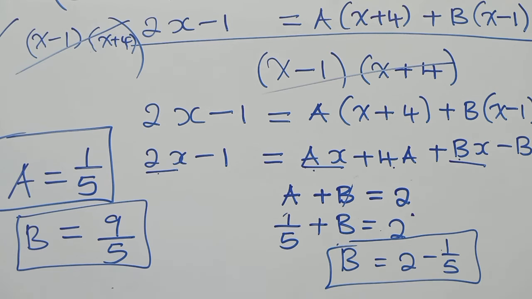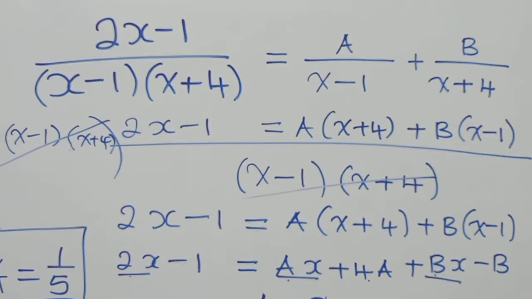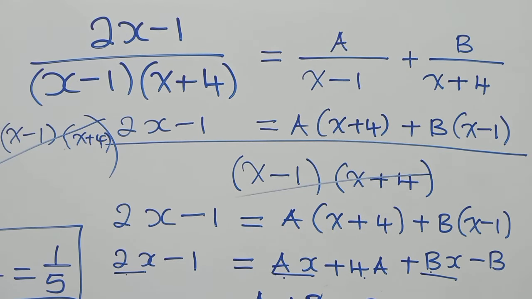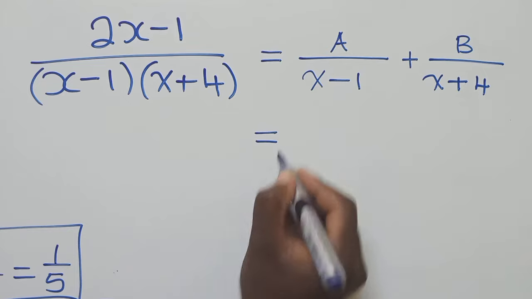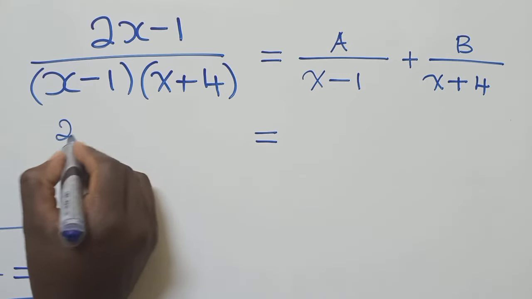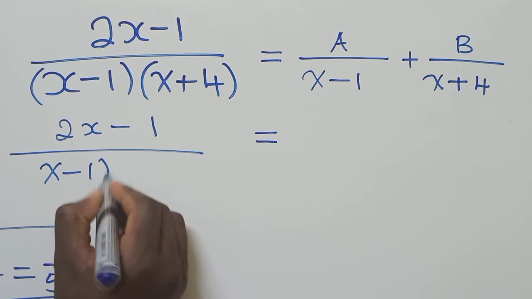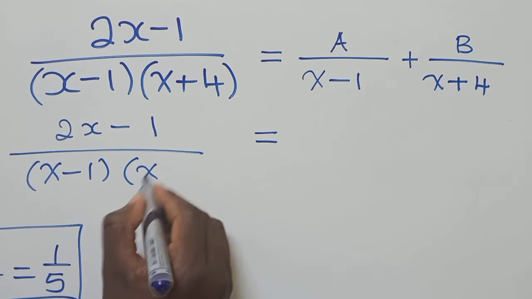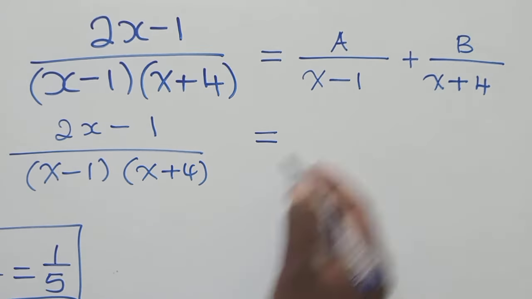Upon finding the value of A and B, we get back to our first step right here. Clear space, we need enough space. So we now say this whole thing, (2x - 1) over (x - 1)(x + 4) is equal to, what is our A?